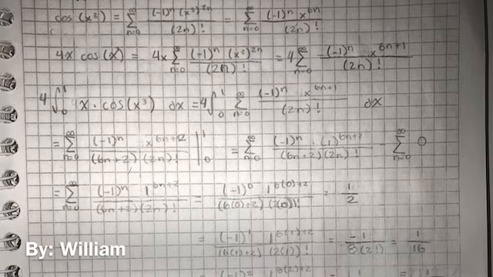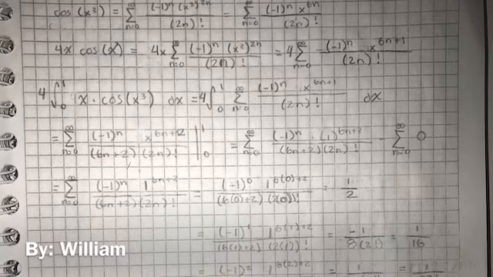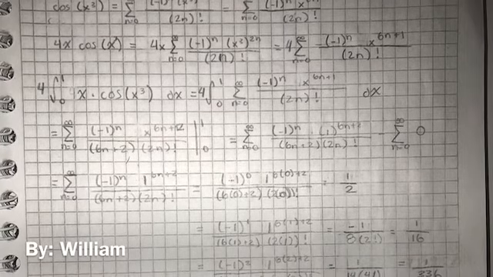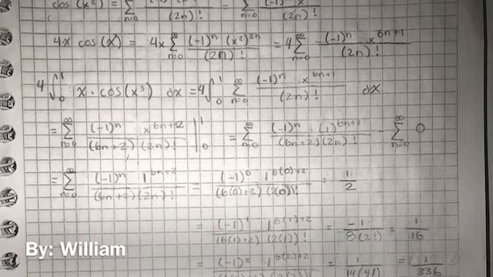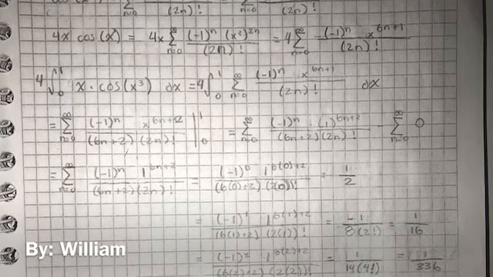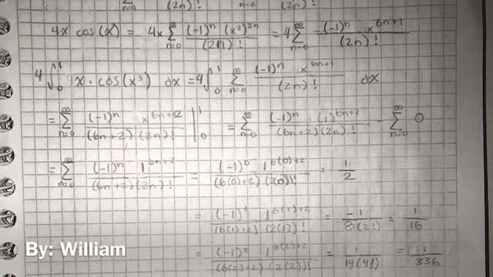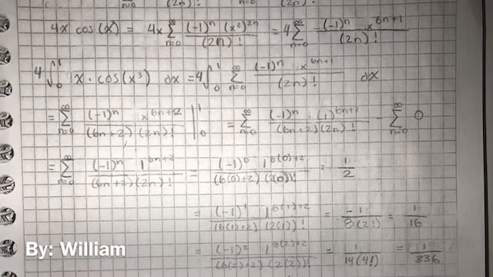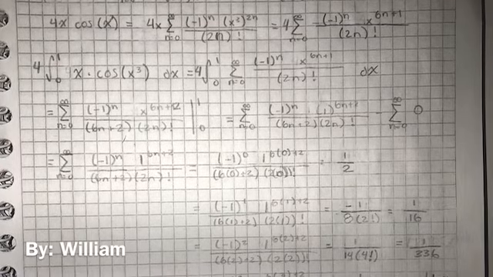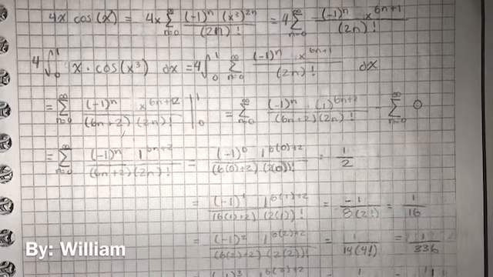So we get 4 times the sum from n equals 0 to infinity of minus 1 to the n times x to the 6n plus 1 over 2n factorial. Once we get here, we apply the integral, leaving the problem as 4 times the integral from 0 to 1 of x times cosine of x cubed dx.